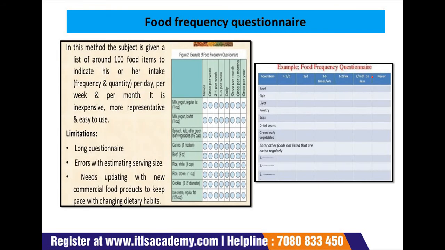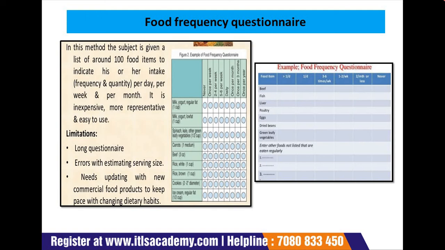Next, we will discuss the food frequency questionnaires. The food frequency questionnaire, or FFQ method, is based on the principle of how frequently an item is consumed over a period of time.